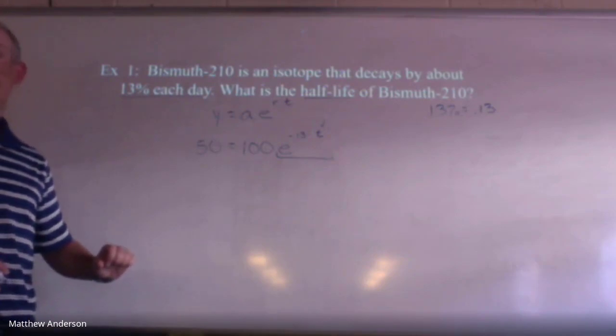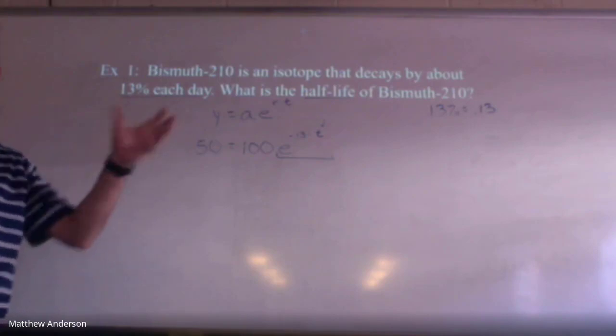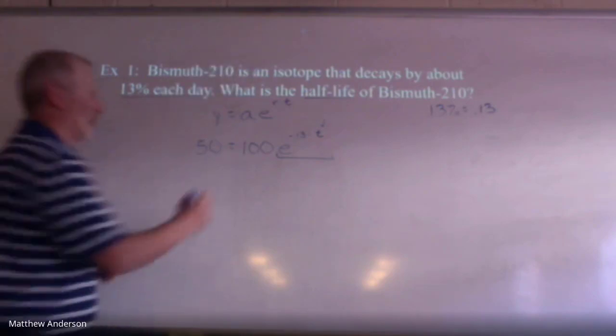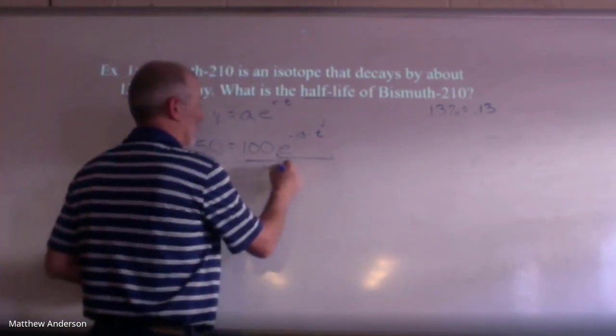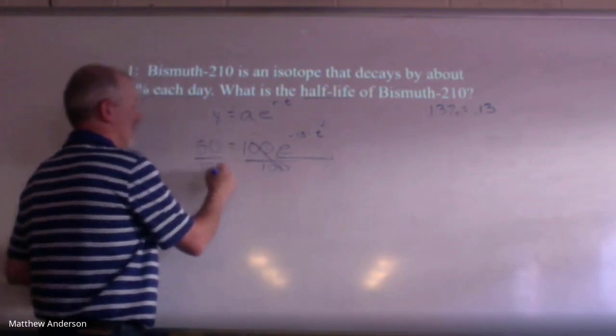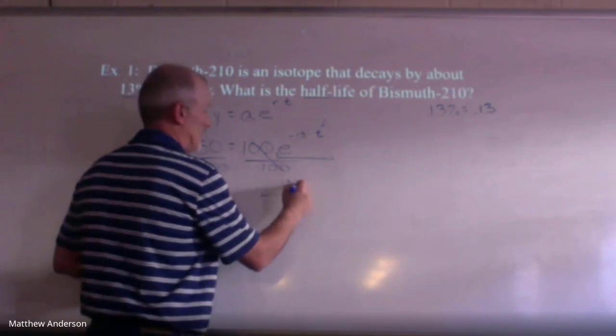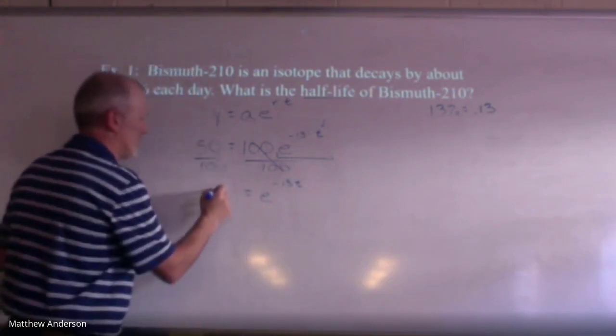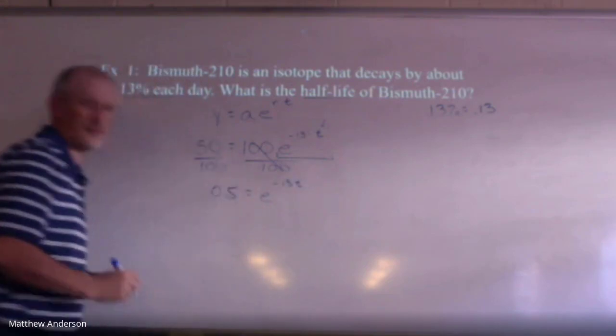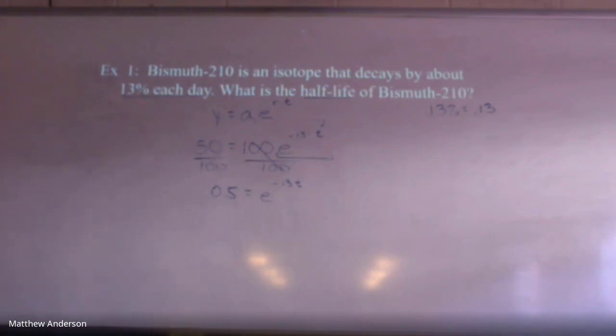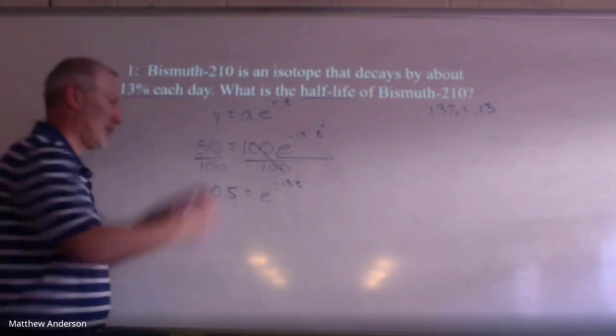Yeah, we have to get rid of the 100, and we're going to divide because it's multiplying 100 times that. So we're going to divide by 100 on both sides. So that cancels out, and all we have there is e to the negative 0.13 times t equals 0.5. Okay, so we've isolated.